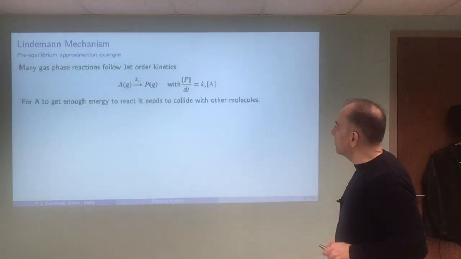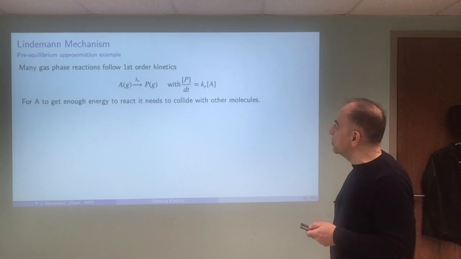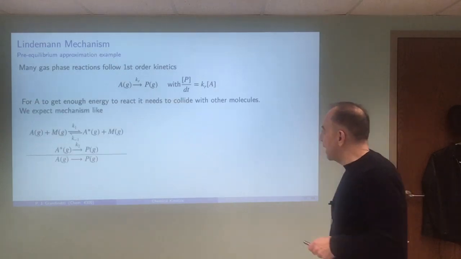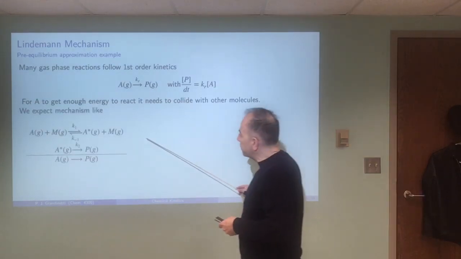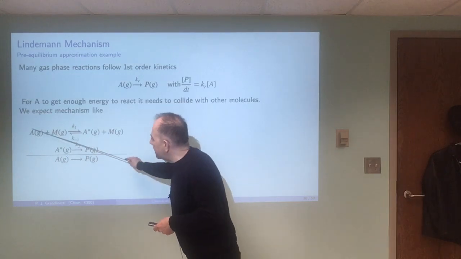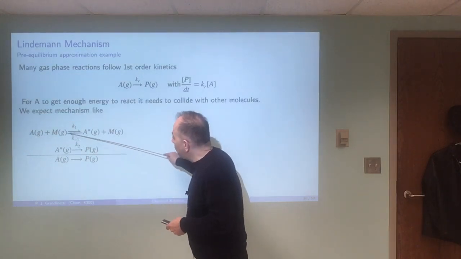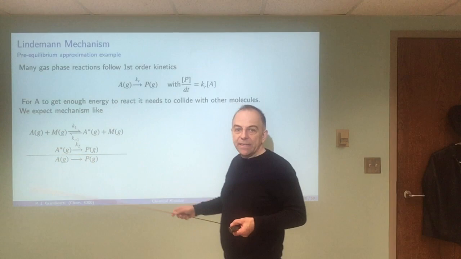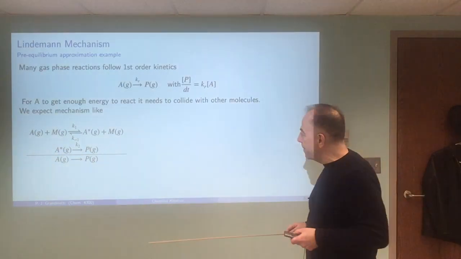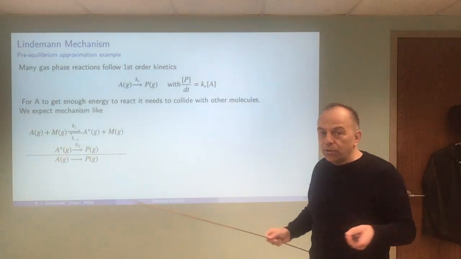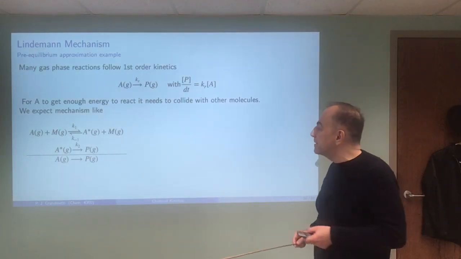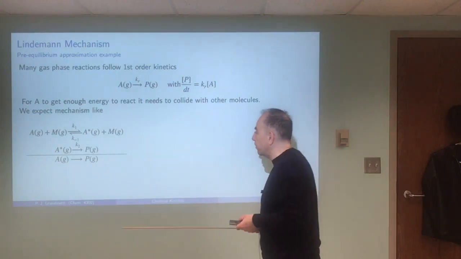So it has to collide with some other kind of molecule to get enough energy to do this reaction. So the way we'll describe this is that A is in the gas phase, and it will collide with another species we'll just generically call M. M could be another A molecule, or it could be some buffer gas that A is in a container with.